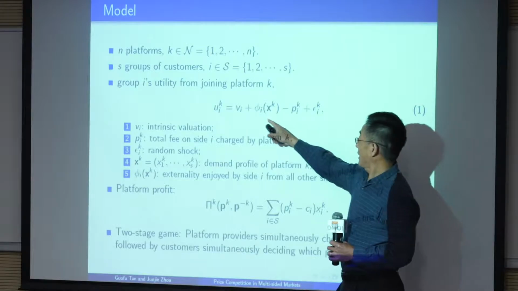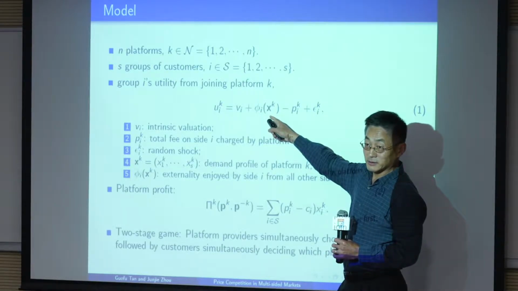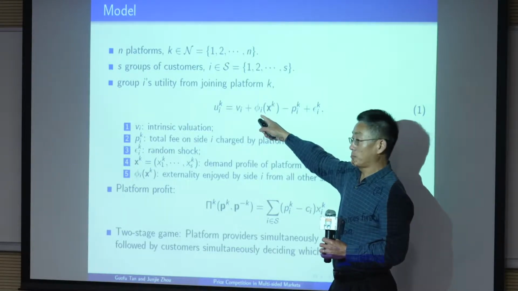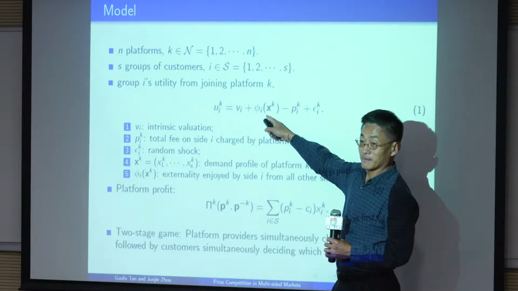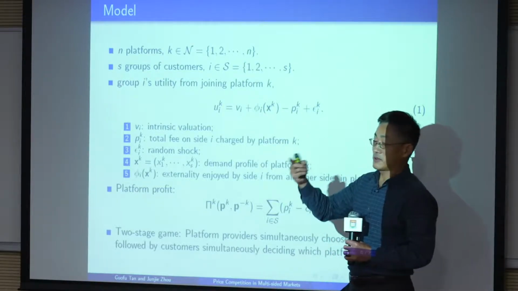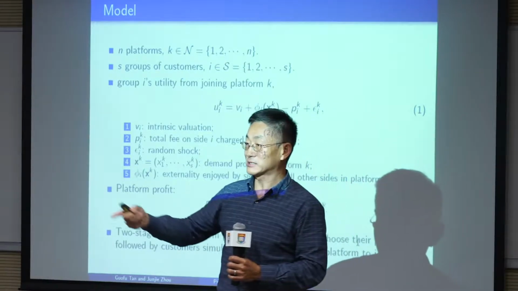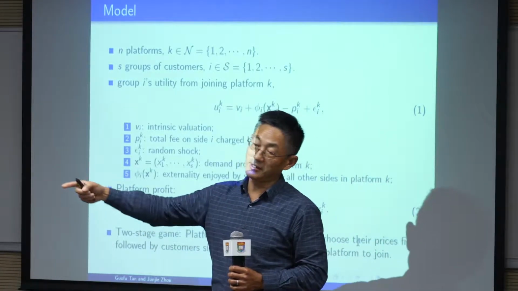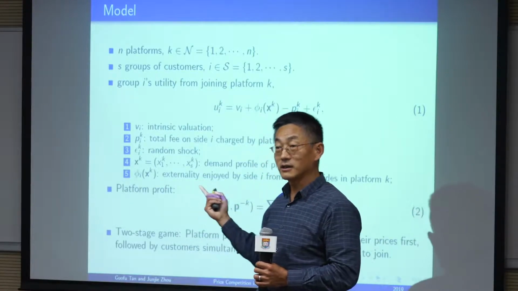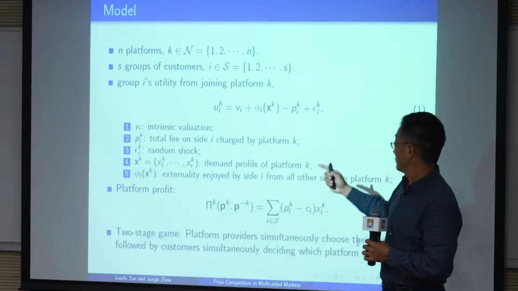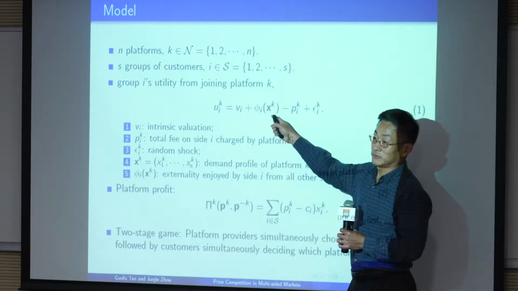And this functional form could be linear, and some parts could be 0. For example, if you are thinking about advertising through media, the positive externality could go in one direction, but the other direction is negative. That is allowed. So this is a very general form.